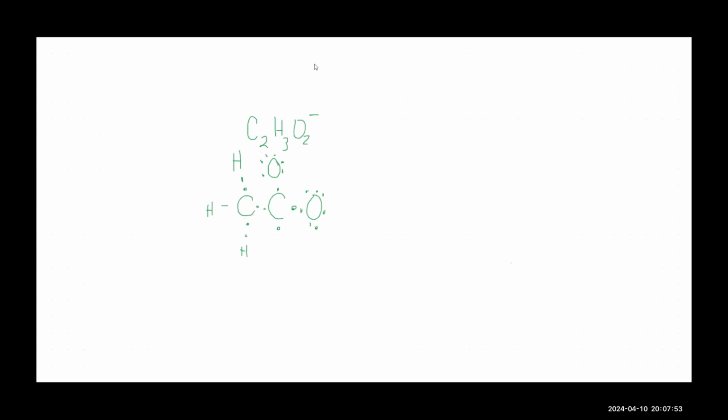Does this one have a total of 25? Okay, let's see. So we have 4, 4. And remember, we have one extra because of the minus charge, right? So we got 4 for each of the carbons, so that's 4 plus 4, plus 1 for each of the hydrogens, and then we have 6 plus 6 plus 1.